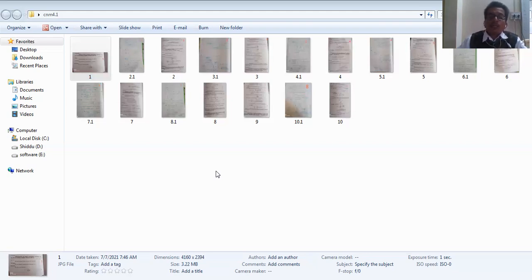Then the wavelength is 1 angstrom, which is 1 into 10 to the power minus 10, squared. If you simplify all these, you will get 0.082. This much voltage is needed to gain the wavelength of 1 angstrom. This is the problem given there.